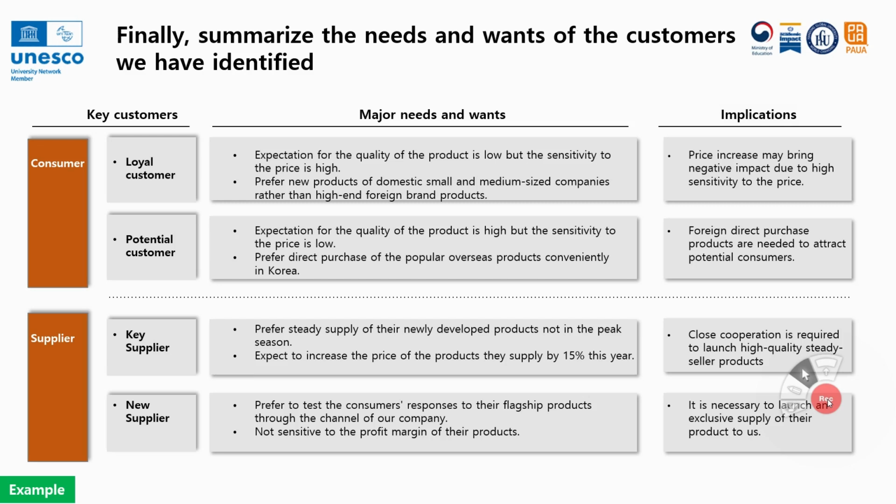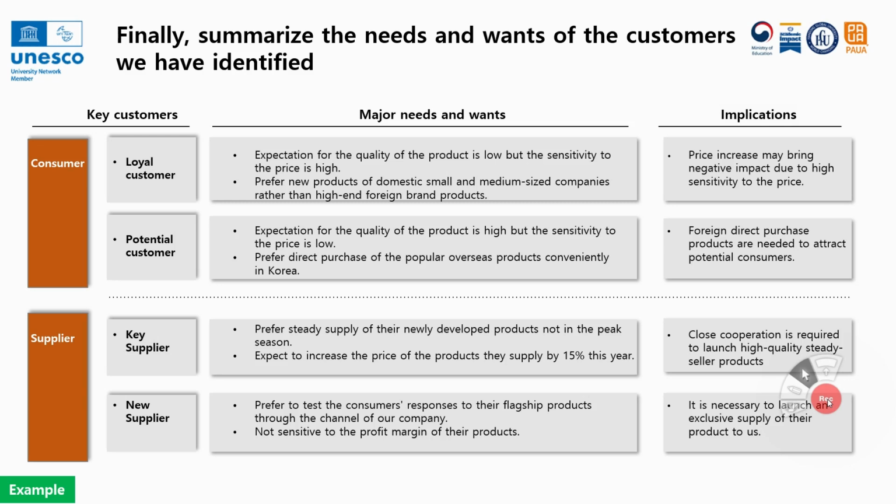From those data, we get an implication that the close relationship is required to launch high-quality, steady-seller products. Okay. Without introducing high-quality product, it may be very difficult to increase the price of the products by 15%.